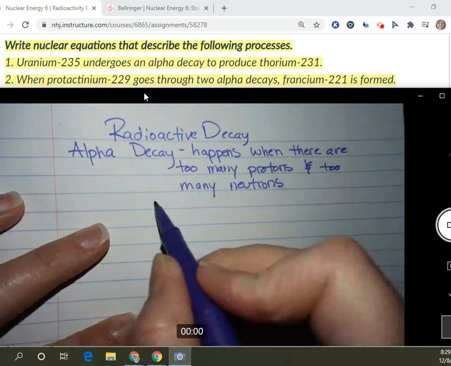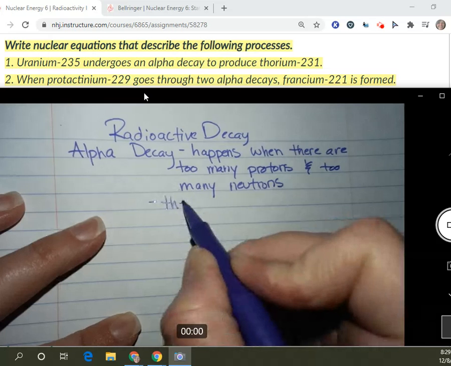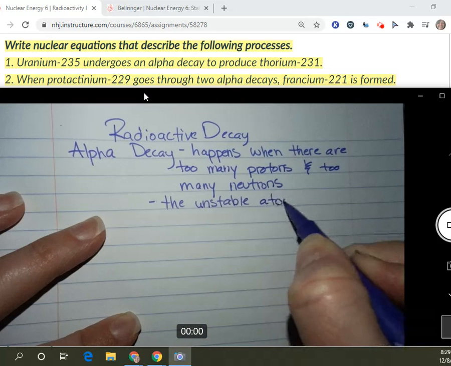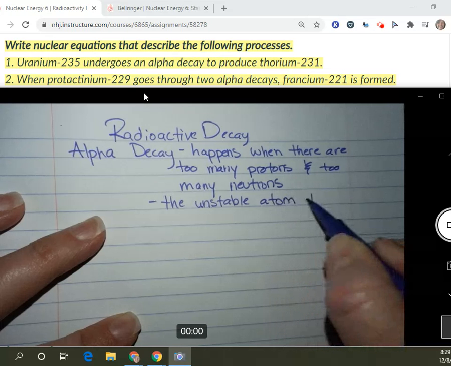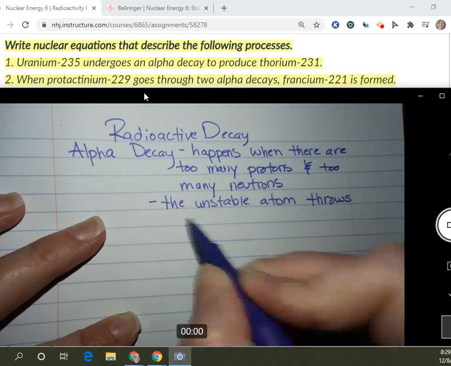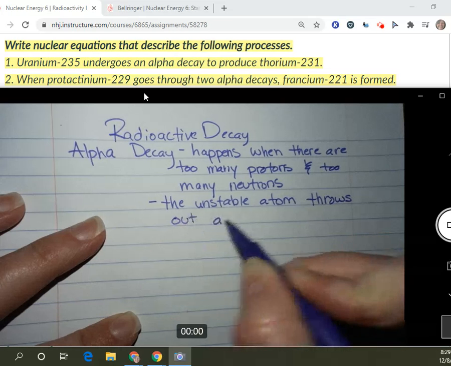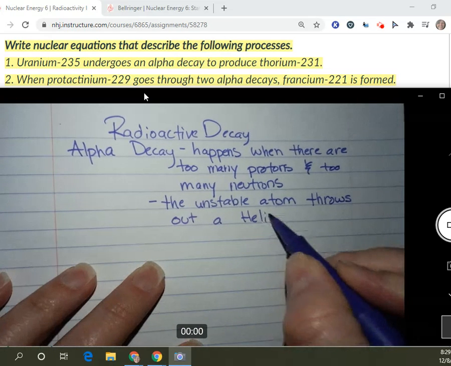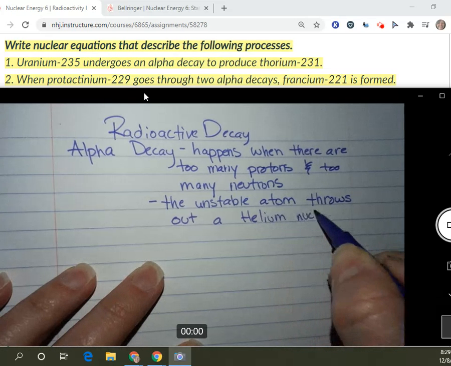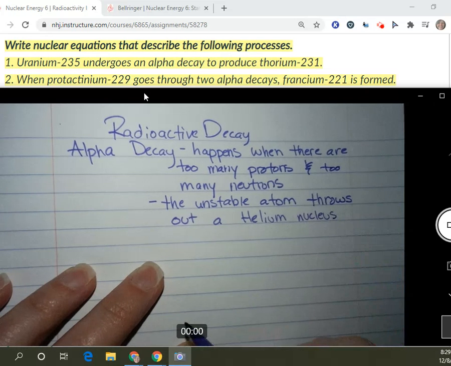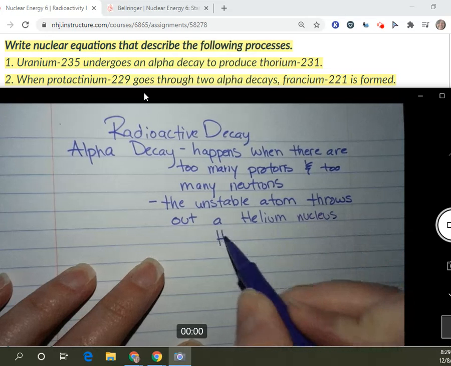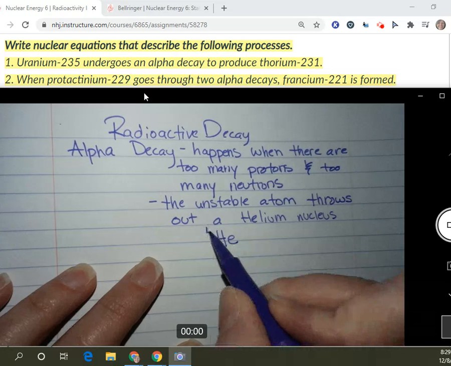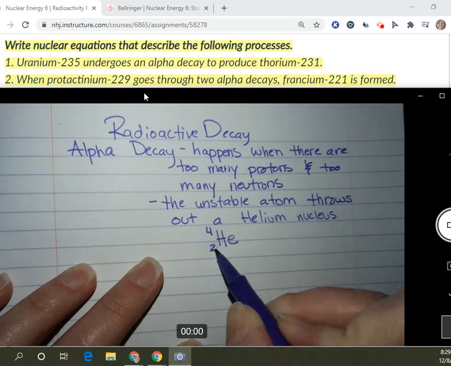So the unstable atom throws out a helium nucleus. So a helium nucleus has a mass of 4 and an atomic number of 2.